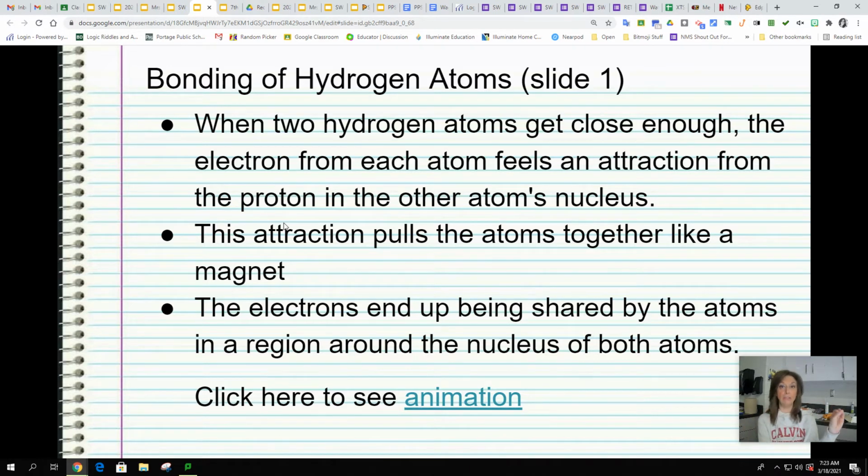So you've got a negative charge of one atom coming close to a positive charge of another atom. And when they get close enough, it's like 2 magnets coming together. They stick and they bond. This attraction pulls atoms together like magnets. The electrons end up being shared by the atoms in a region around the nucleus, the electron cloud, of both atoms. Let's take a look at the animation.